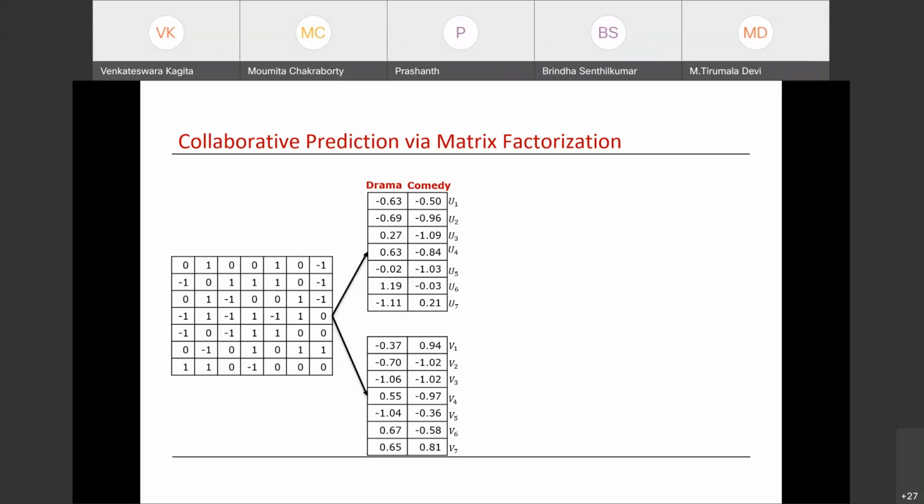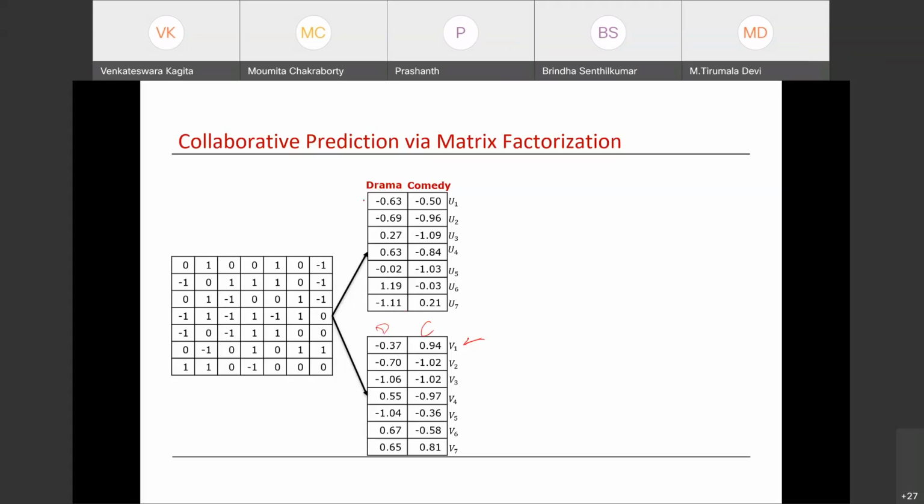The entry represents to what extent the user will like or dislike the corresponding characteristic, whether the user will like drama or comedy. This is represented in the latent factor. And V, the items, also have similar characteristics: this is drama, this is comedy.